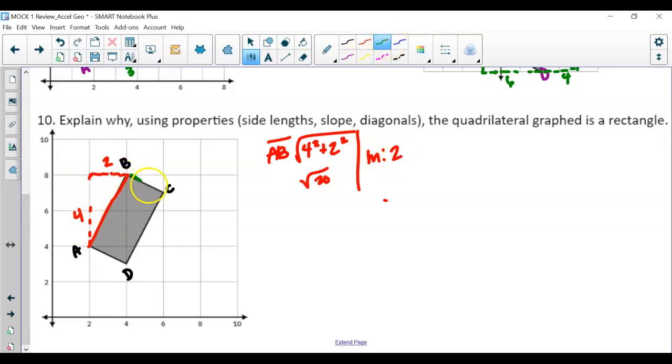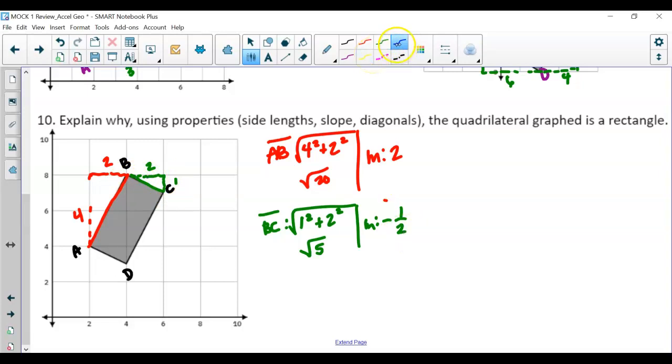Then going to the next consecutive side, BC. So BC is, rise is, well, that's just halfway, so that's just 1 over 2. So 1 squared plus 2 squared, take the square root, giving you radical 5. Then the slope. Now notice this is negative, rise is 1 over 2. So negative 1 over 2, or negative 1/2.